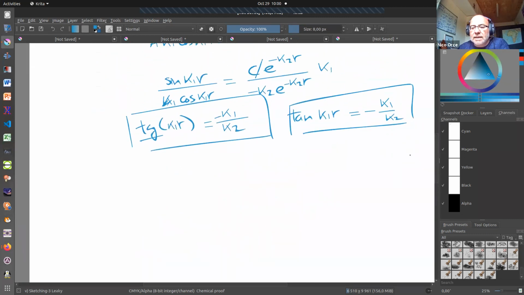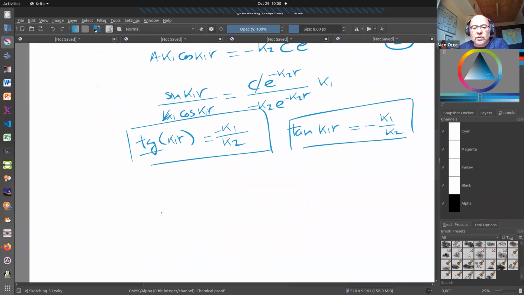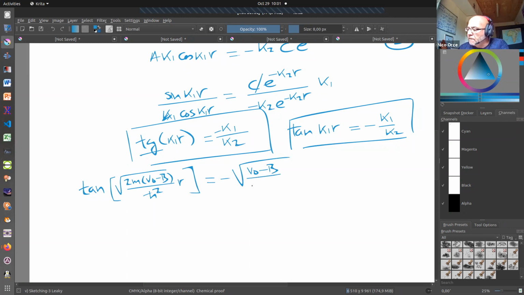If we go back to what K1 and K2 are, the tangent of the square root of 2m (V naught minus B) over h bar squared times R is equal to minus K1 over K2, which is minus the square root of (V naught minus B) divided by B.